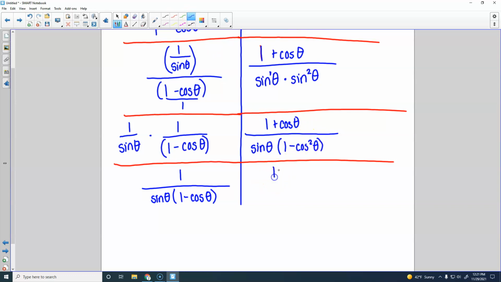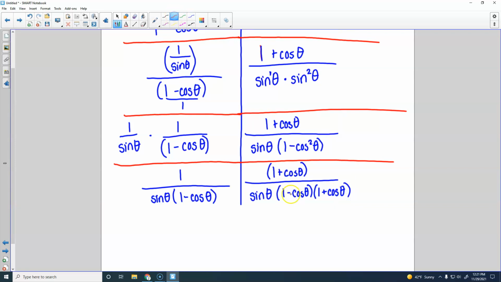So the top is 1 plus cosine theta. I'm going to put it in some parentheses there. And in the bottom, 1 minus cosine squared theta, I can factor it into 1 minus cosine theta times 1 plus cosine theta.